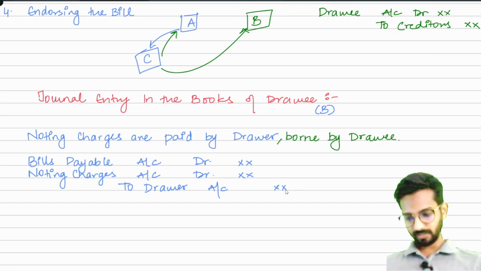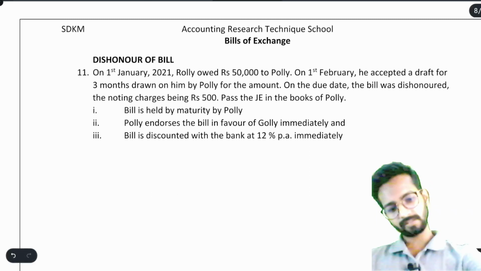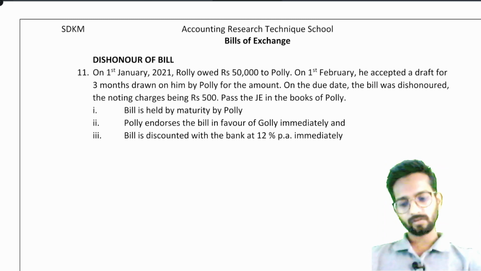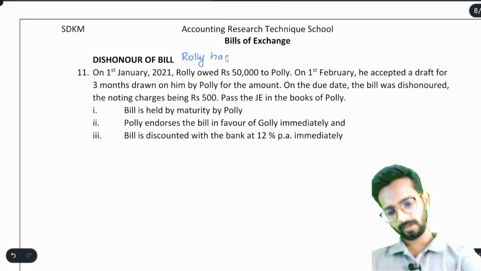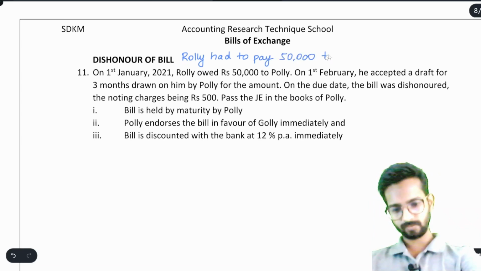Now moving further, we will solve a few questions for dishonor. Now understand this. Dishonor of bill. The question we have here is, on 1st January, Raleigh owed rupees 50,000 to Polly. It means Raleigh had to pay 50,000 to Polly.